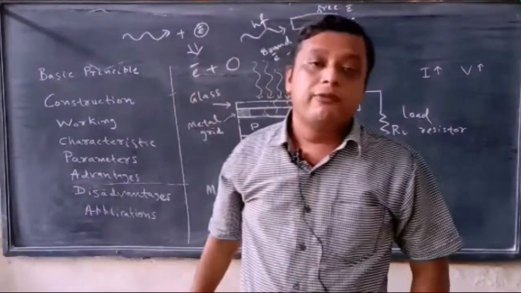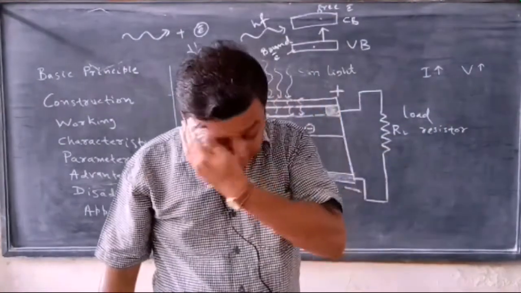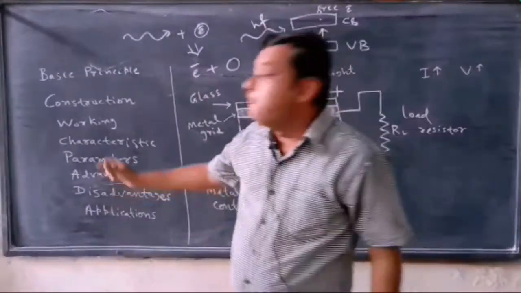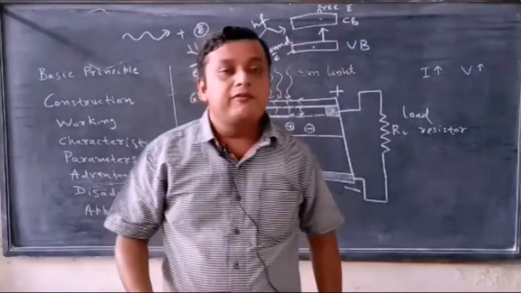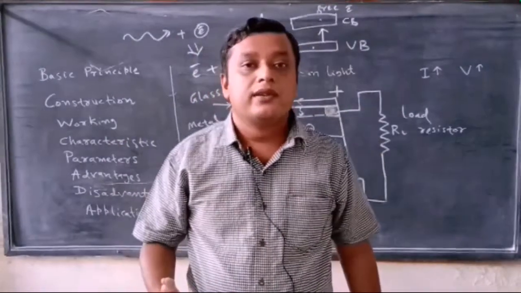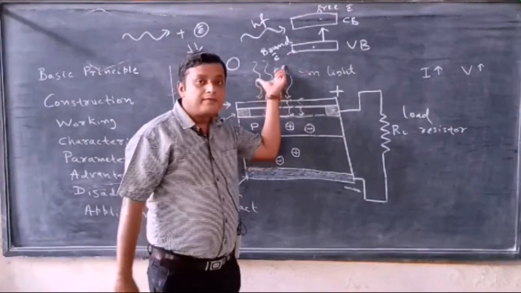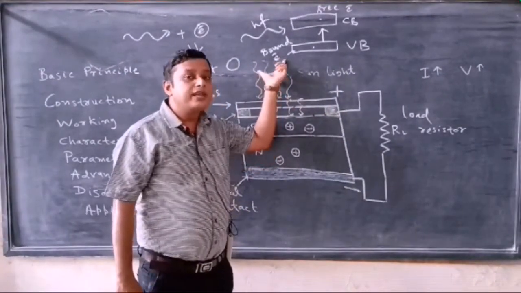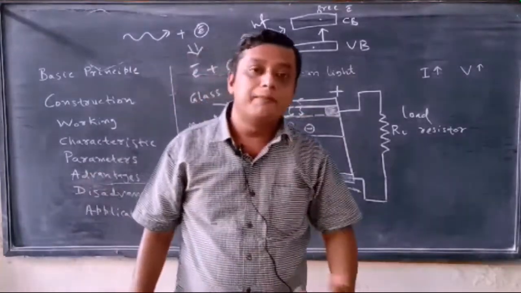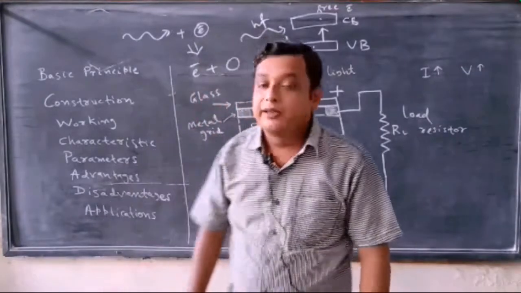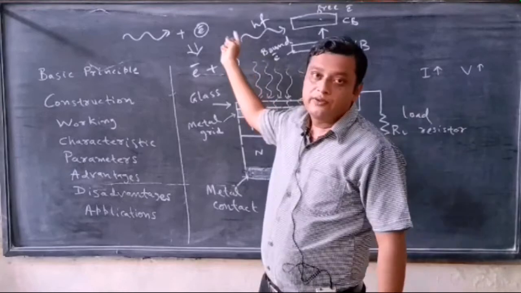So the input will be the photon energy, output is electrical energy. So this will be the working mechanism of the solar cell. In the working, we should start from this mechanism, that whenever light is falling onto the solar cell, the working will be completed with the generation of electrons.